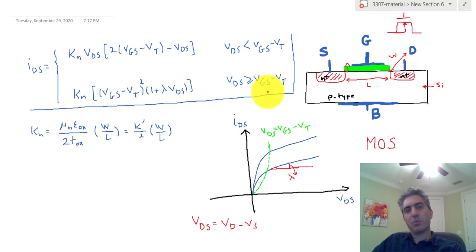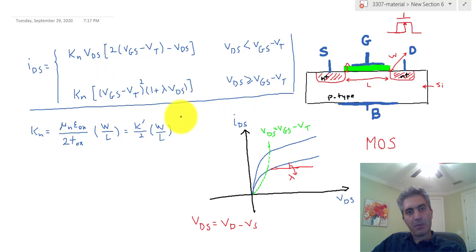But for the most part, we can ignore that and assume that as long as VGS is smaller than VT, you don't get any current passing through the drain source. And as soon as VGS goes above the threshold voltage, then you're dealing with one of these two situations. You're either in the triode region, and this is the equation that you're going to use, or you assume you're in the saturation region, and this is the equation that you're going to use.